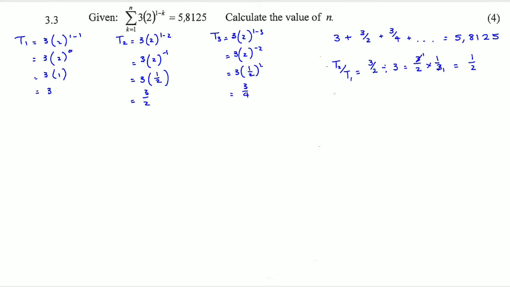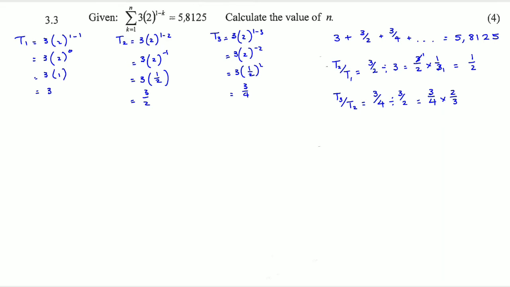Now term 3 divided by term 2 is 3 over 4 divided by 3 over 2, which is 3 over 4 times 2 over 3.